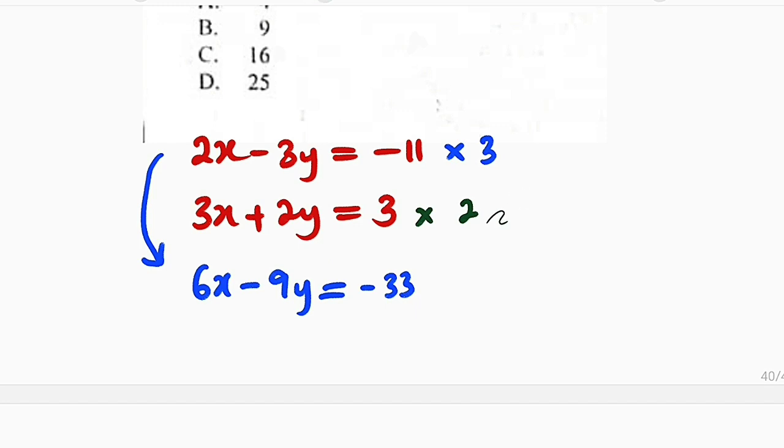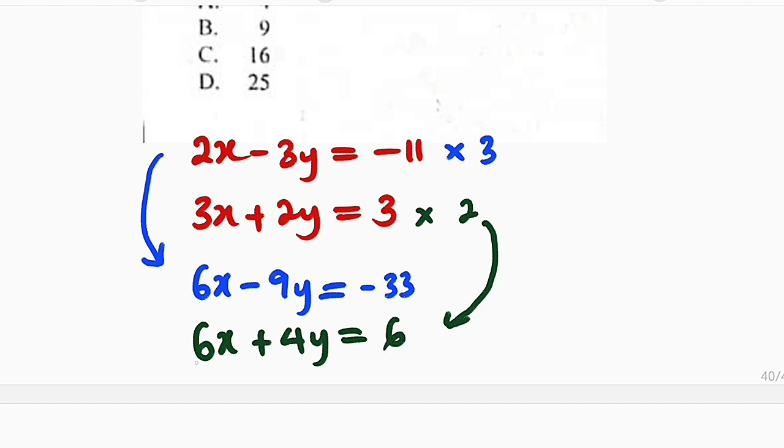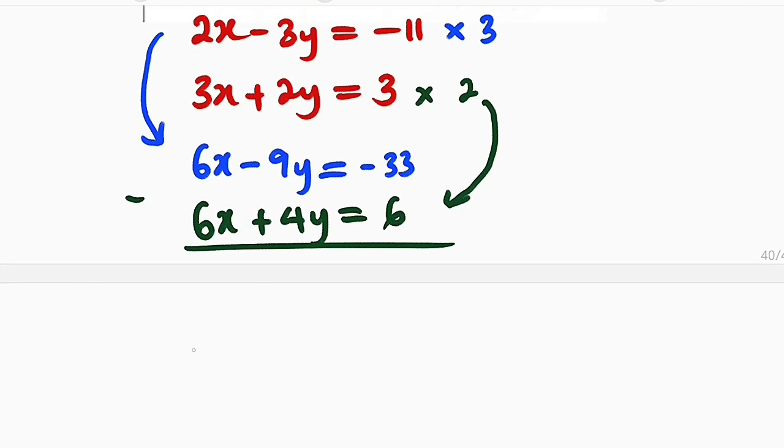Then from the second equation, we have 2 times 3 is 6x plus 2 times 2 is 4y equal to 3 times 2 is 6. So what do we do? We subtract. 6x minus 6x is 0. Then negative 9y minus 4y will give us negative 13y, and this is equal to this minus this, which will give us negative 39.